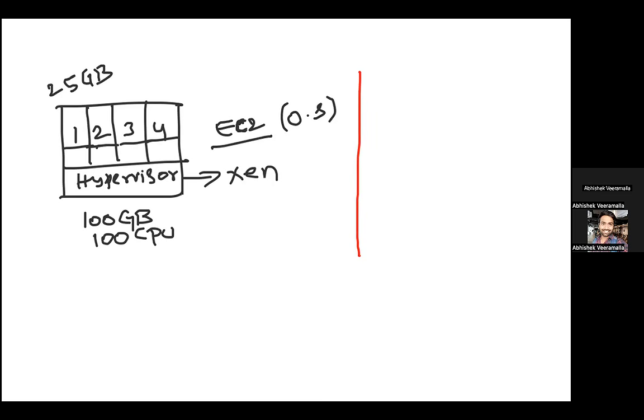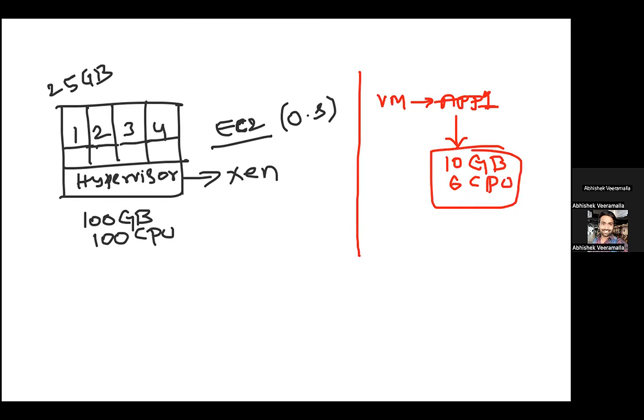That means virtual machine one has application one, and on its best day, let's say this application one receives the maximum threshold load, and even after that it was only using 10 GB RAM and some 6 CPU. That means it is using less than half, and it is wasting 15 GB RAM and some 19 CPUs, even when this application is running at full capacity.